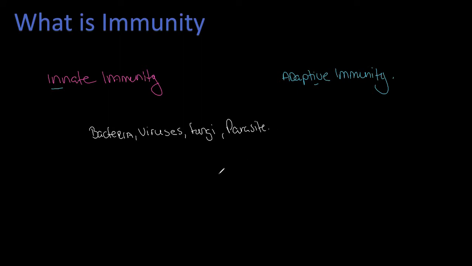So it wouldn't be a stretch to assume that our body employs multiple different methods to fight off invaders. These methods depend on a couple of things. Is the invader inside or outside the body? Is the invader inside or outside the cell?